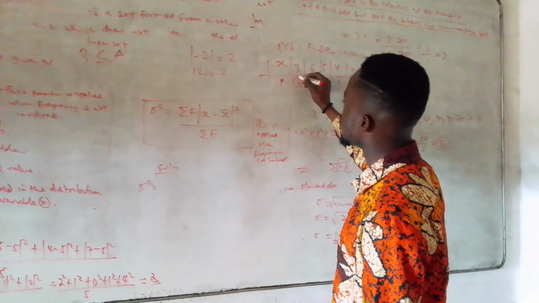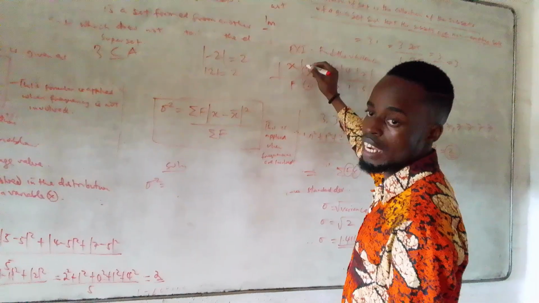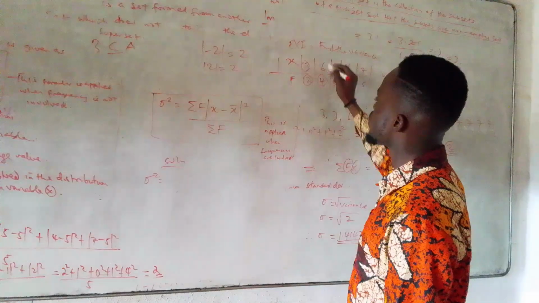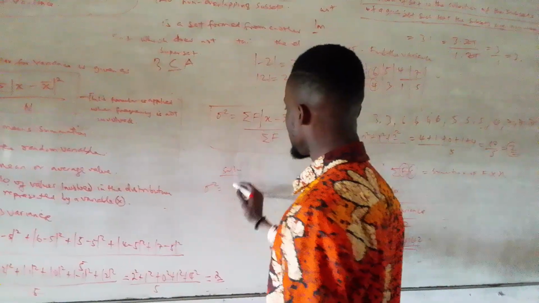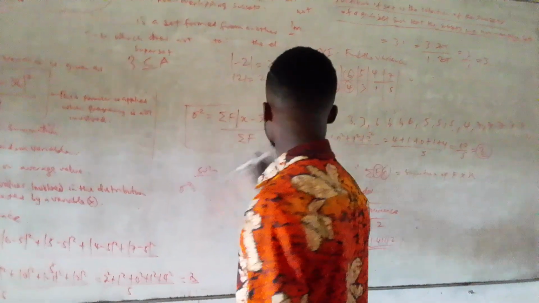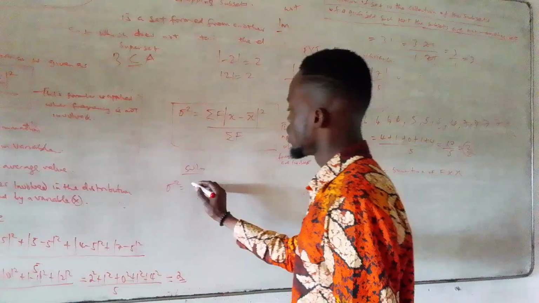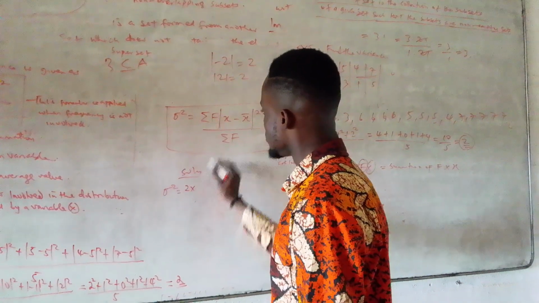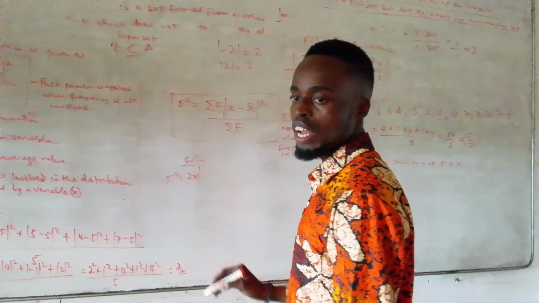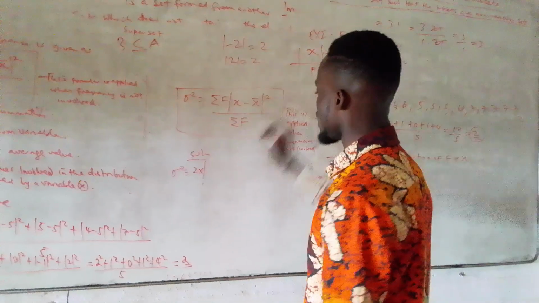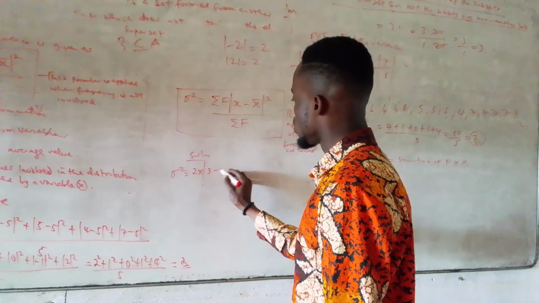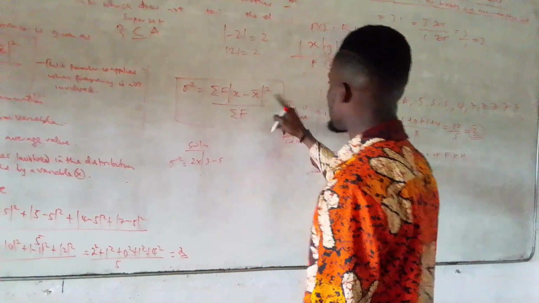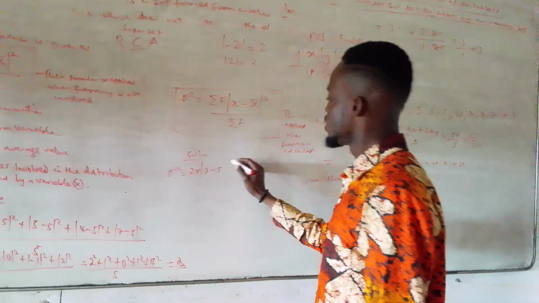So what's the corresponding value of this frequency? It is 3, right? What's the corresponding value of this frequency? 6. So I'll start with f, which is 2, times absolute value of x, which is 3, minus what? 5, right? My mean is 5 now.